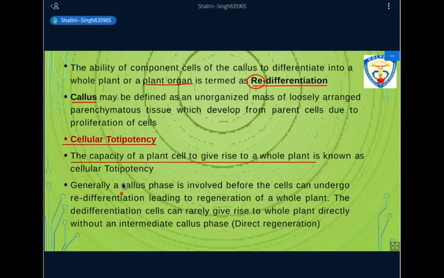Generally, a callus phase is involved before the cells can undergo redifferentiation, leading to regeneration of a whole plant. It is up to you whether you go via callus.